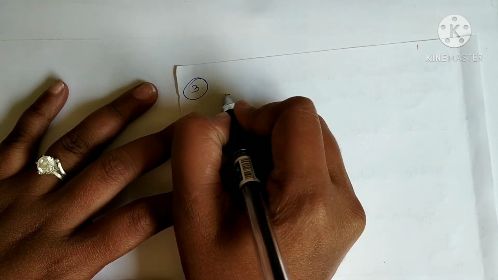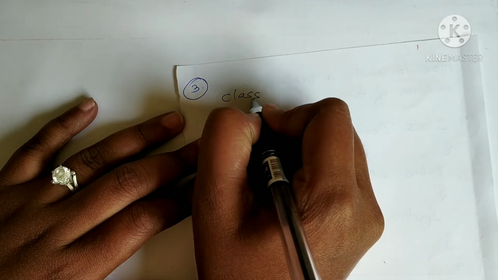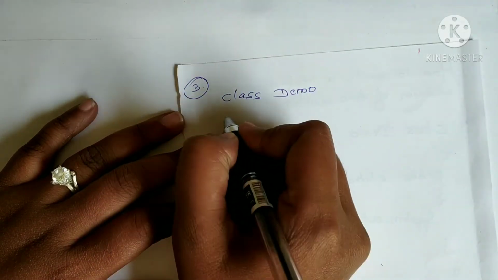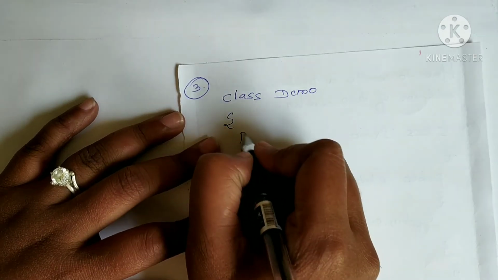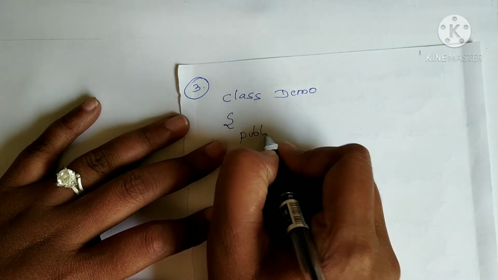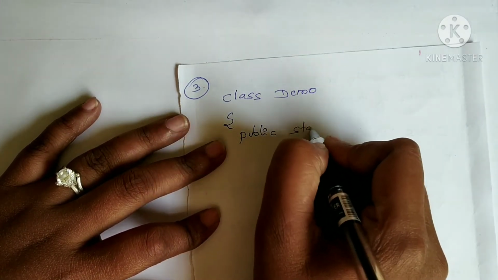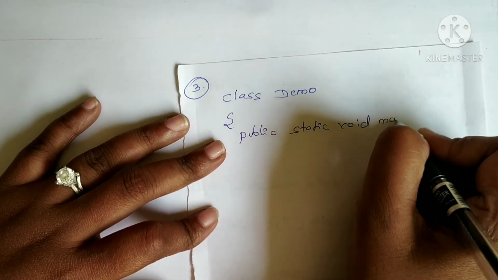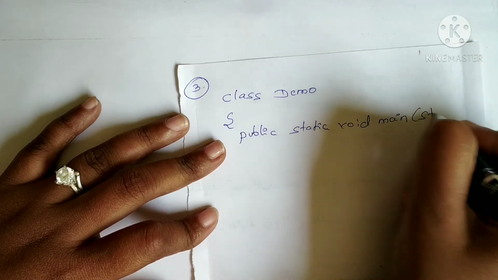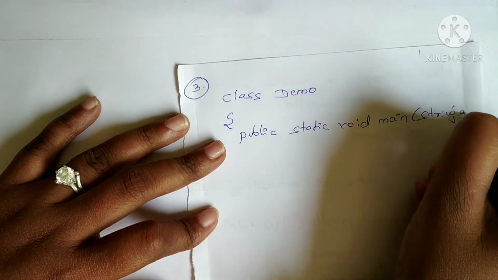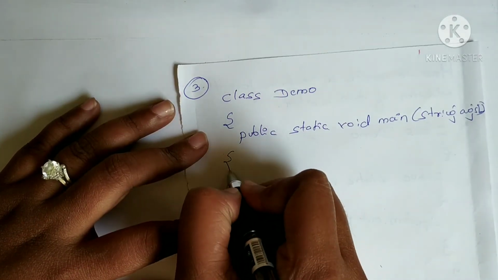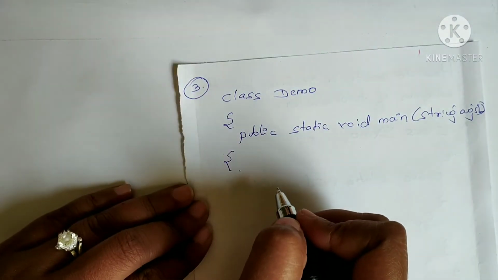First we can write a class, the name is Demo. In this we are going to write a main method, that is public static void main(String[] x).